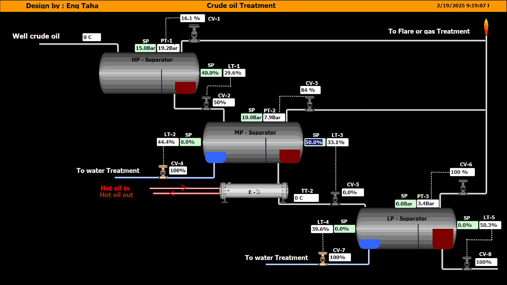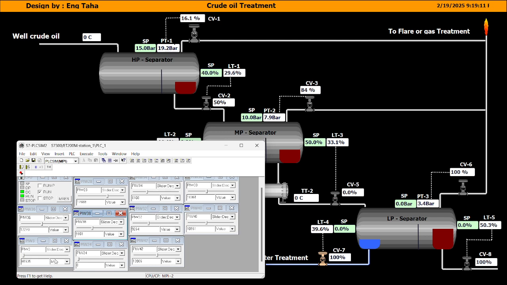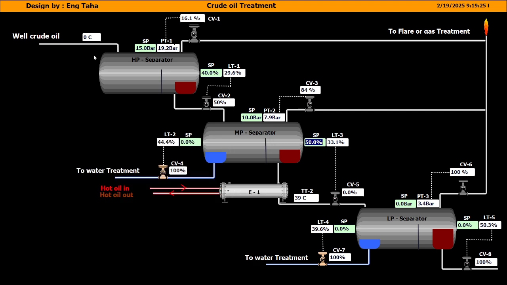This is hot oil. I will simulate the temperature, which will increase to about 40 Celsius.